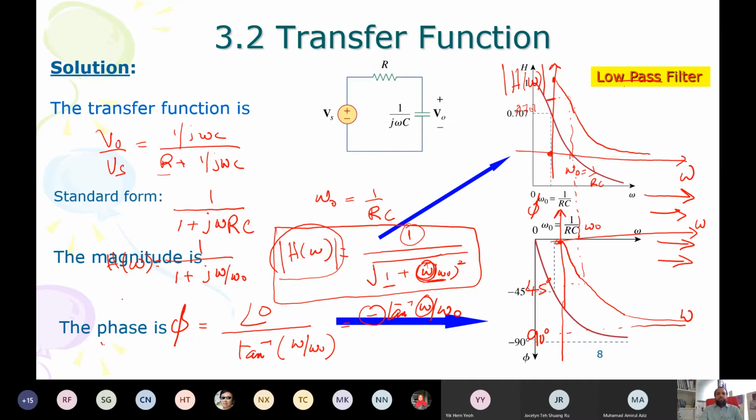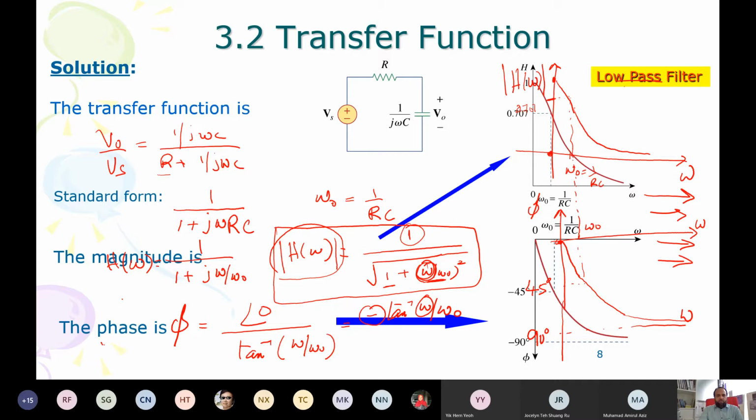You will get the magnitude and phase. We plot the magnitude and phase for particular values of R and C, and later R and L will have different values. So it's good to define omega naught. In this case omega naught will be 1 upon RC, so it's omega upon omega naught.